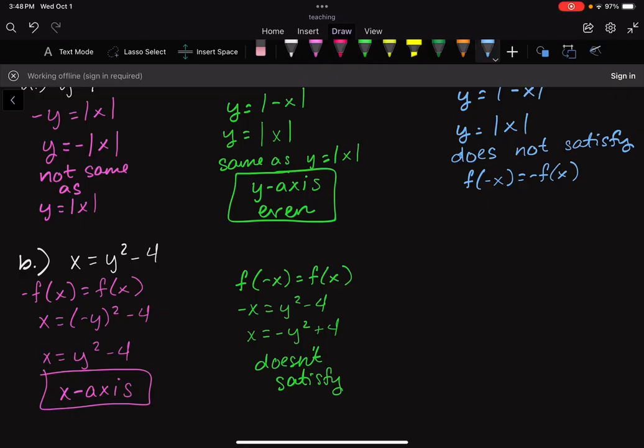And then lastly, if I want to try for the origin, I should expect to see this property happen. So if I plug in a negative x, I should be able to pull a negative out to the front and it be the same thing.